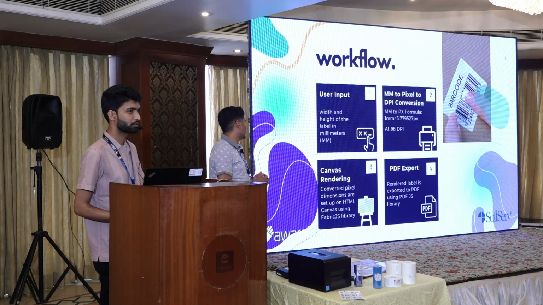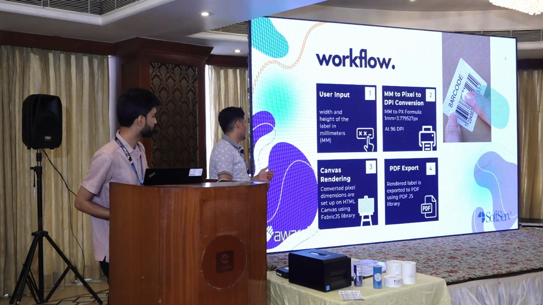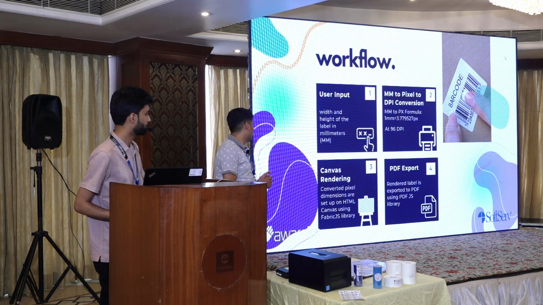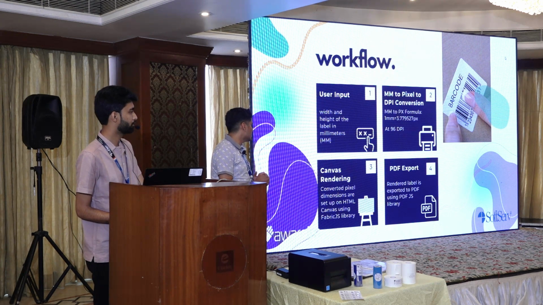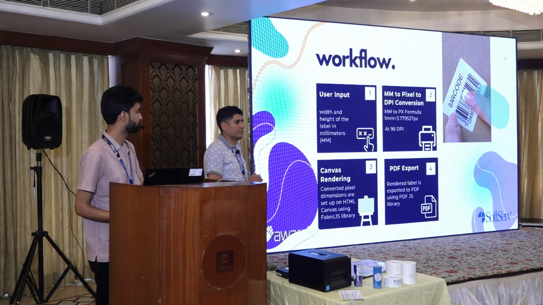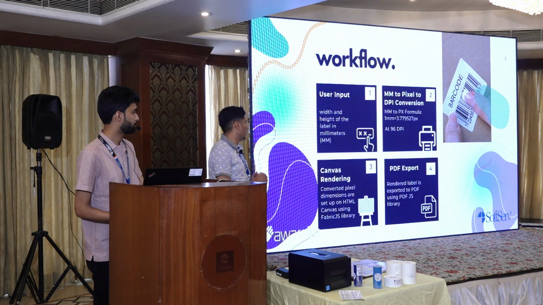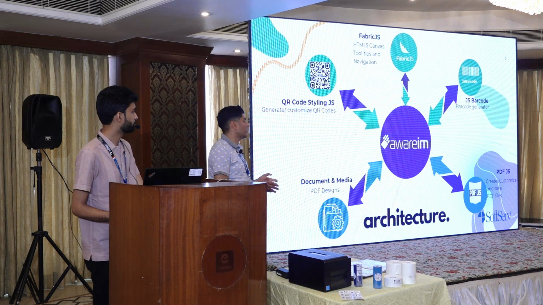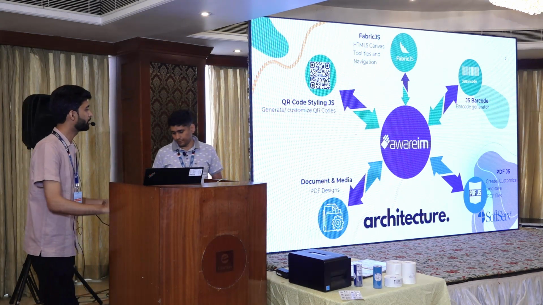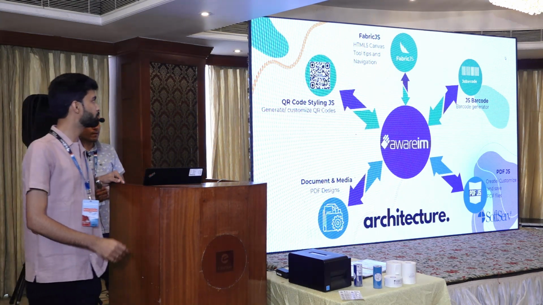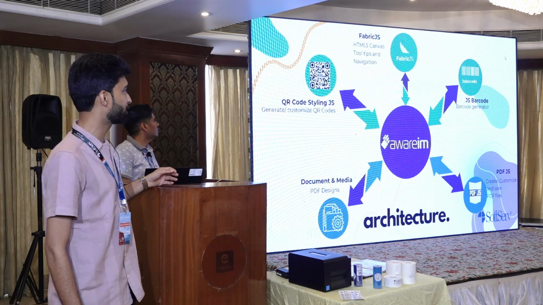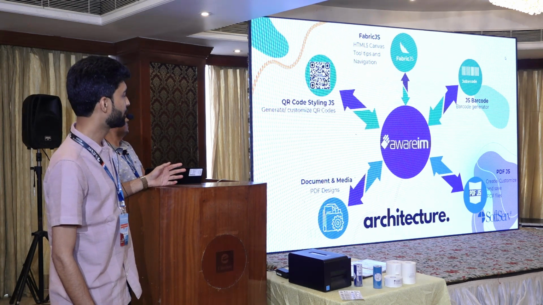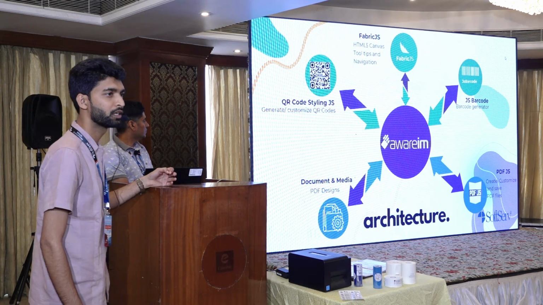After that, we render the label on the canvas, then download the PDF and print on the labels. That's the simple workflow, and this is the architecture. We use Fabric.js, QRCode.js, barcode.js, and PDF.js also.